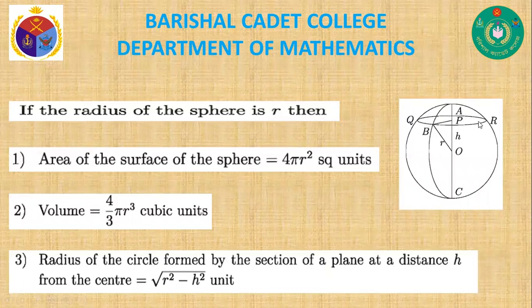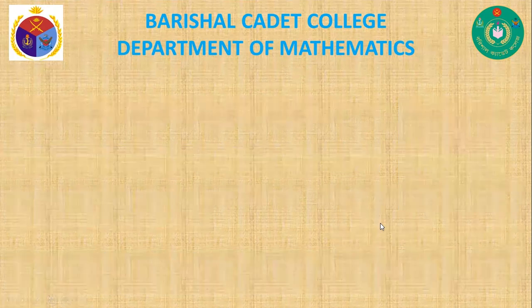The name of that plane is QBR. The radius of the plane QBR, that is BP, so the length of BP will be root over R square minus h square.